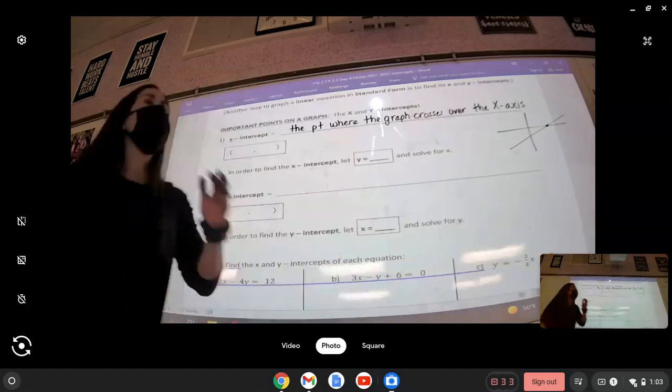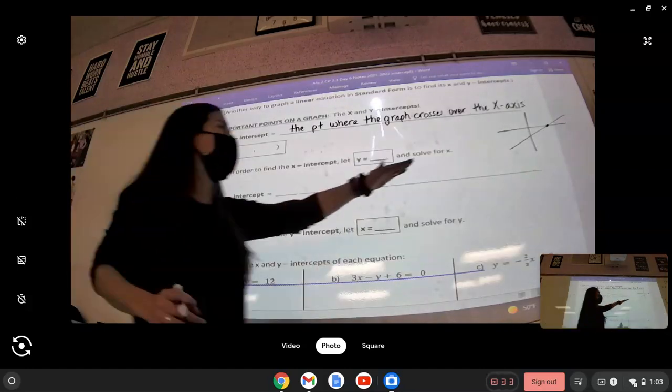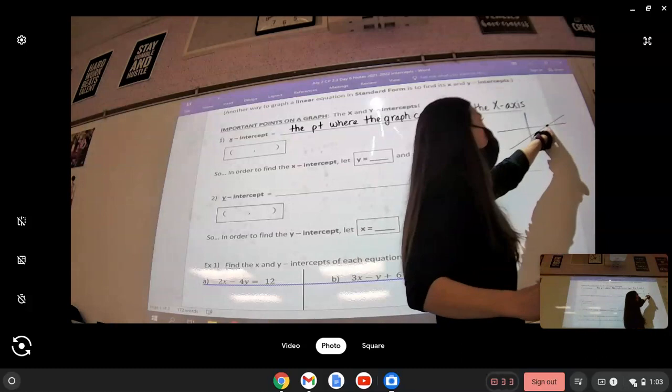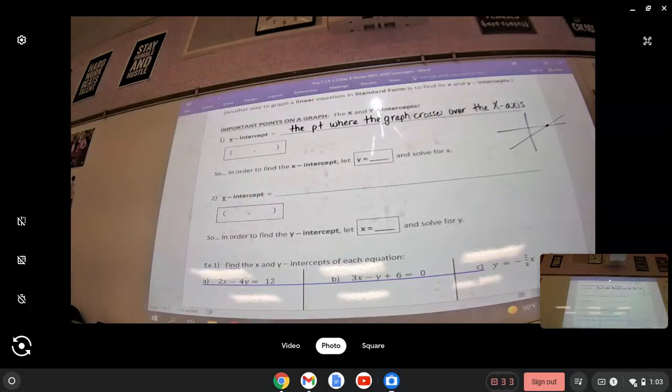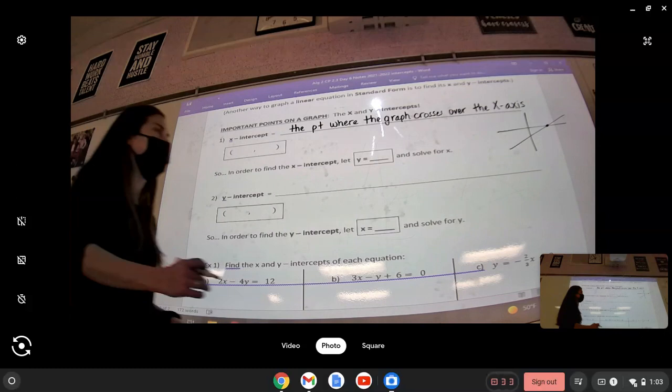All right, so again, just to give you a visual, if you are looking at the graph of a line, that point right there would be called its x-intercept, because that's where the graph crosses over the x-axis.